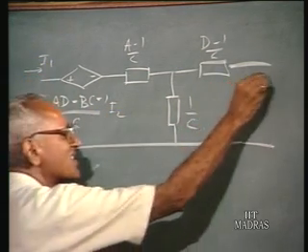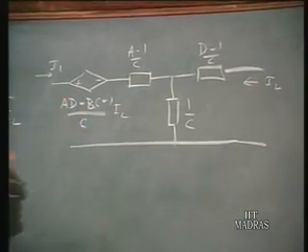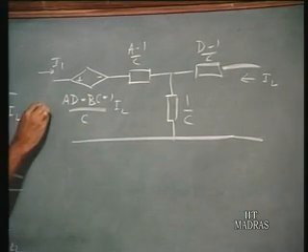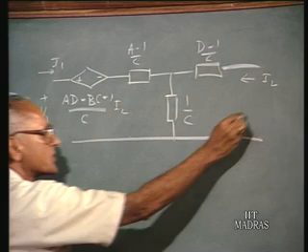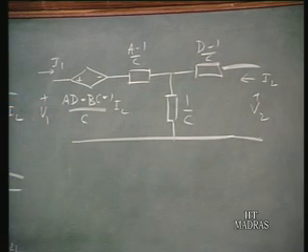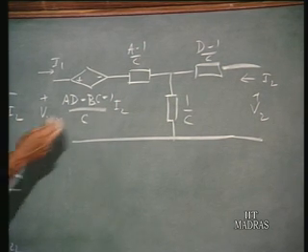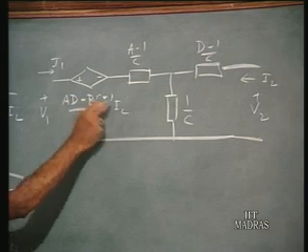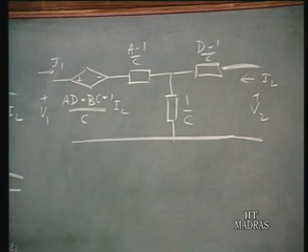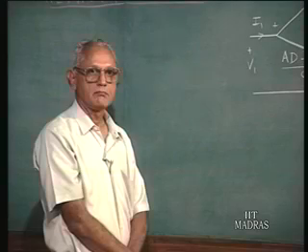So if you analyze this network, you will find that it will satisfy the terminal relations of a two-port in terms of the ABCD parameters. V1 equals A times V2 minus B times I2, etc. And for a reciprocal network, this becomes 0 because AD minus BC equals 1. Therefore, this dependent source will vanish.